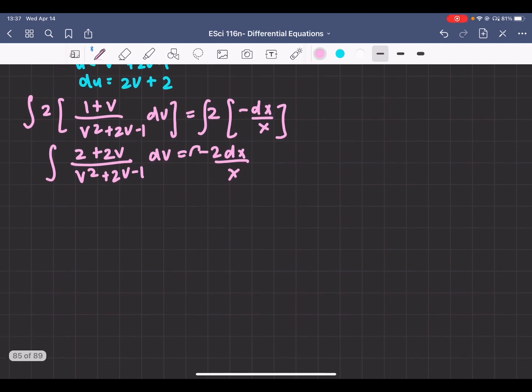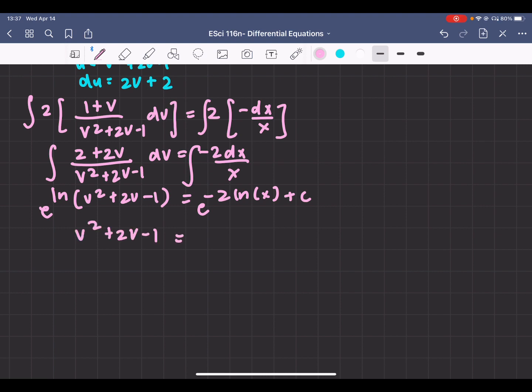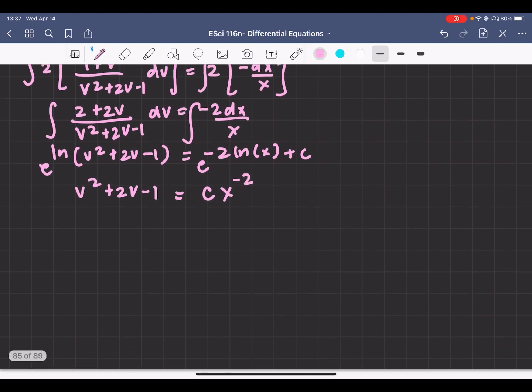So integrating that, we get ln of v squared plus 2v minus 1 is equal to negative 2 ln of x plus c. And using both sides as the exponent for e, or the natural logarithm, to remove our ln, we have v squared plus 2v minus 1 is equivalent to c times x raised to the power of negative 2. So I'm just shortcutting this, but I hope you guys understood how that came to be.